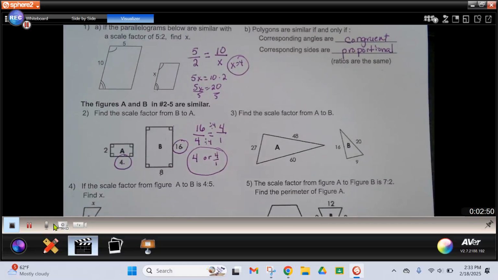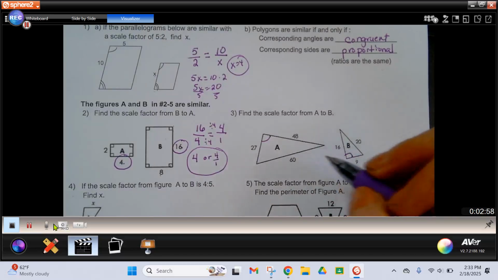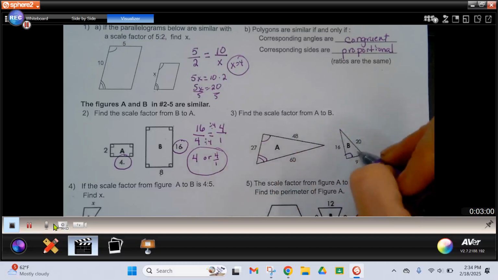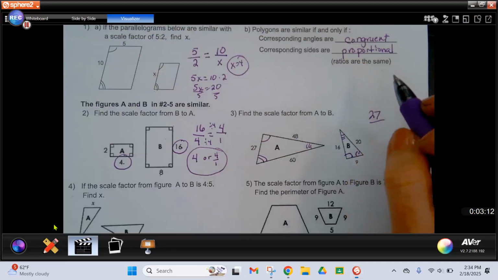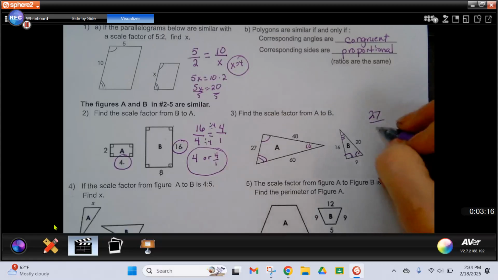Find the scale factor from A to B. So we're going from this figure to this figure. So I'm going to find a pair of corresponding sides. And I can see that this angle is congruent to this angle, and this angle is congruent to this angle. So if I wanted to use 27, for instance, that side would correspond with, let's see, 27 would correspond with the 9.